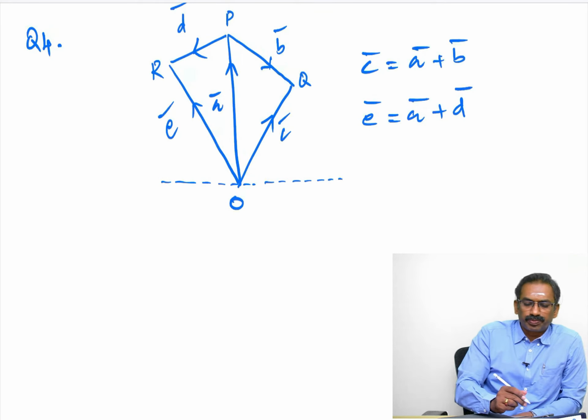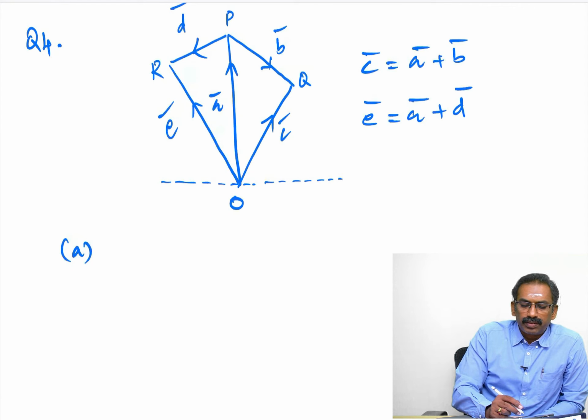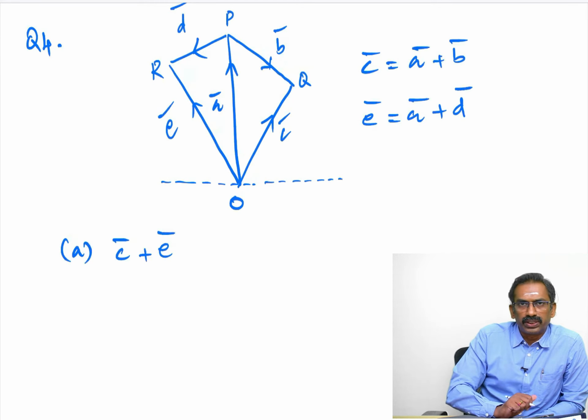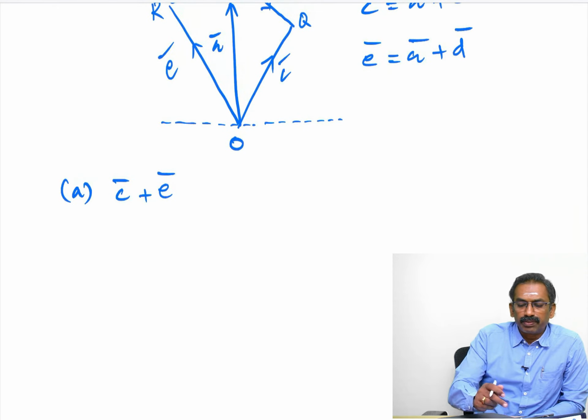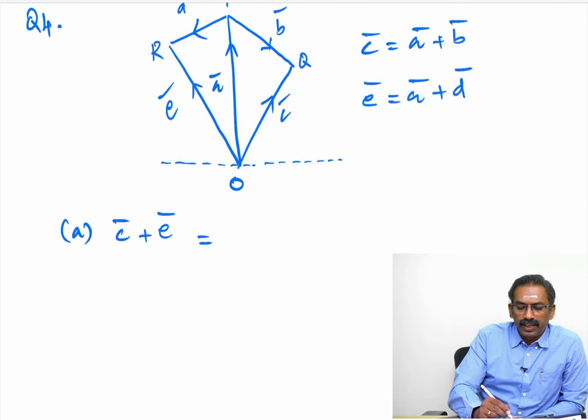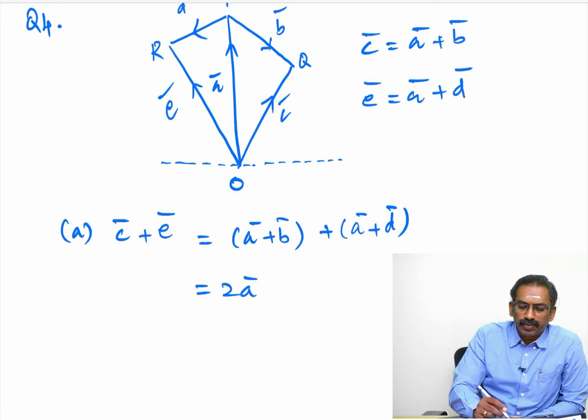The question is, what is the sum of c vector and e vector? So, the sum of these two vectors is equal to, from the result, a vector plus b vector plus a vector plus d vector, that is equal to 2a vector plus b vector plus d vector.